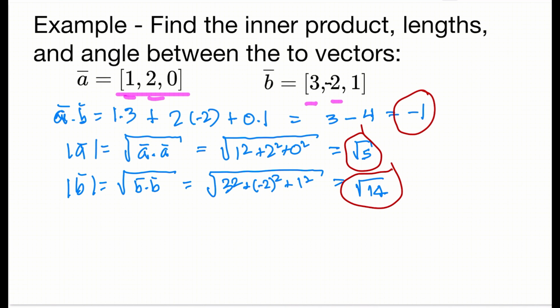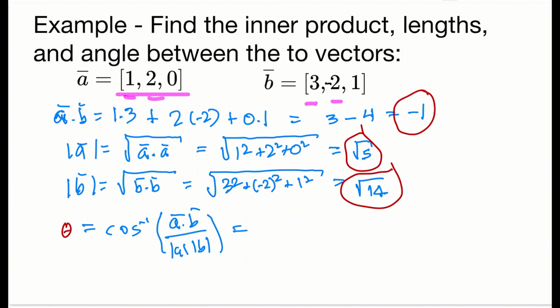Now from our definition of the dot product, we know that theta is the cosine inverse of A dotted with B divided by the length of A times the length of B. We just took the inverse cosine of both sides of our definition of the dot product.